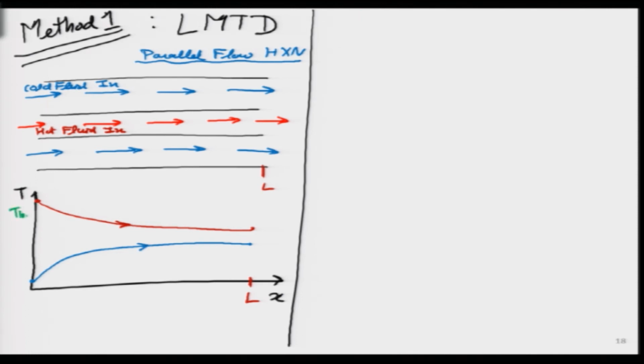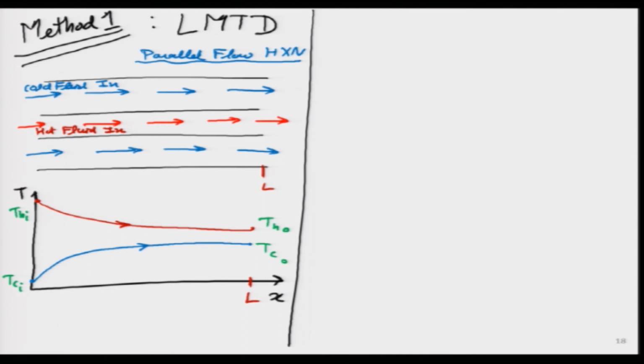So, this is T H I, T H O, hot inlet, hot outlet. This will be T C I, temperature of cold side inlet, and T C O, temperature of cold side outlet. So, in and out I am just representing by I and O. Those are not zeros, they are inlet and outlet. The length is already known for us.